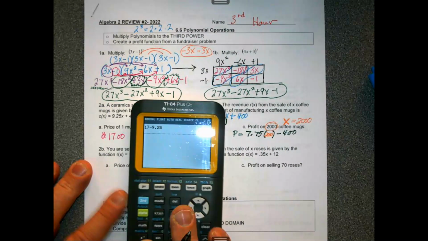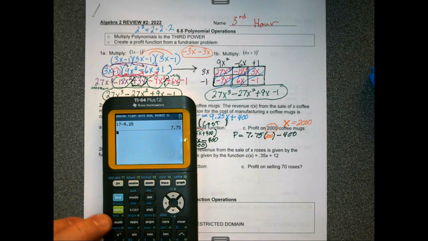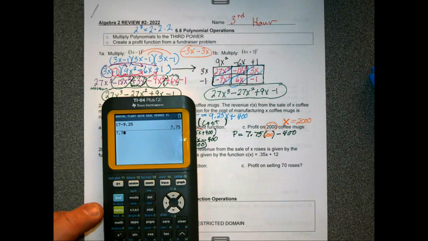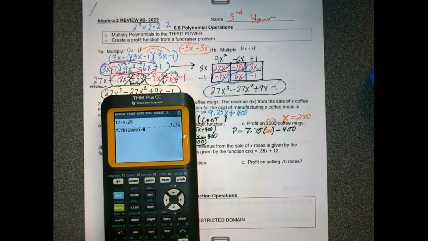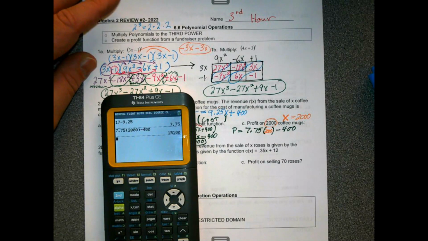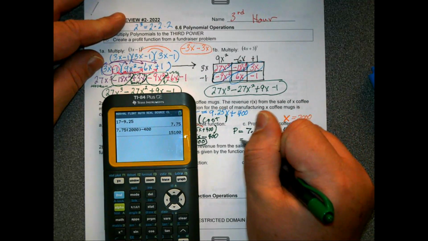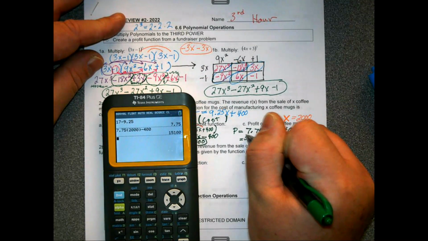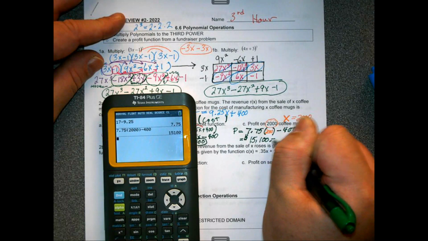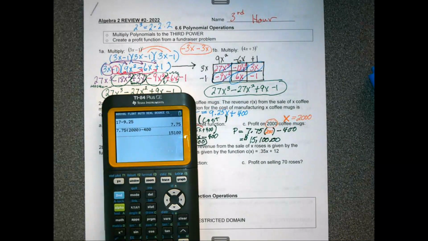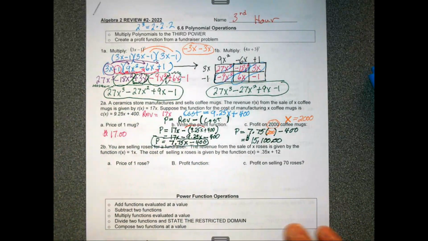Put it in your handy dandy calculators: 7.75 times 2,000 minus 400. And my profit is $15,100. So, guys, get out there and start selling coffee mugs.